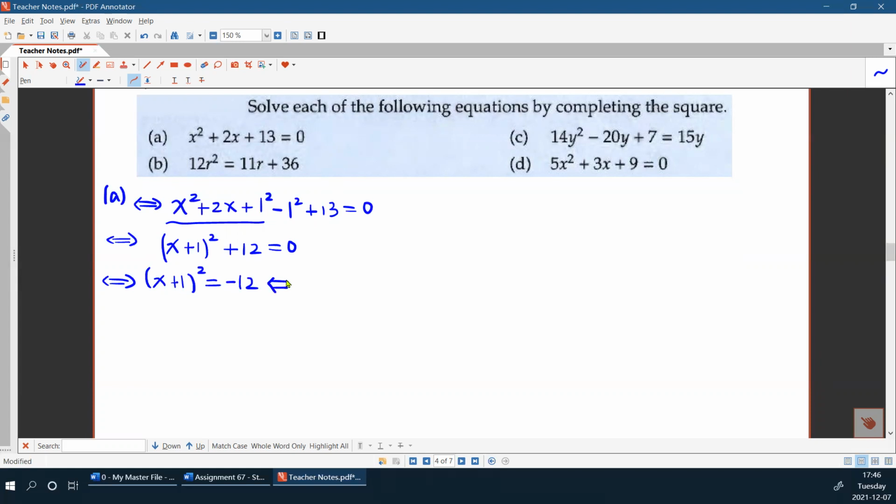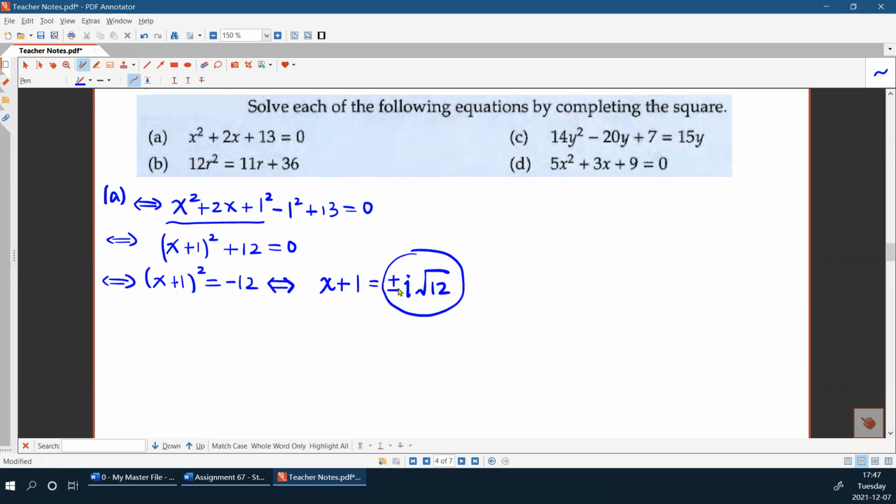So now we have something squared is negative 12. We need to solve this equation in the complex number set, right? So that means x plus 1 must be positive or negative i times square root of 12, right?